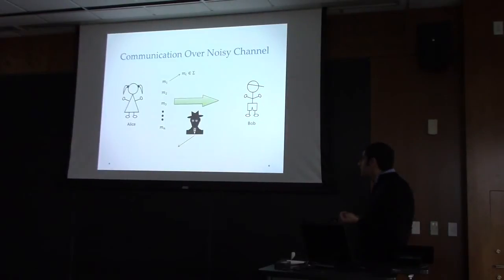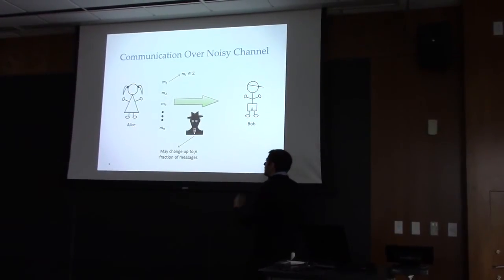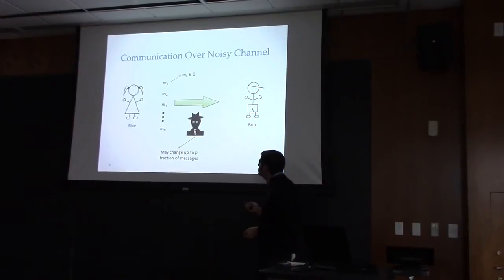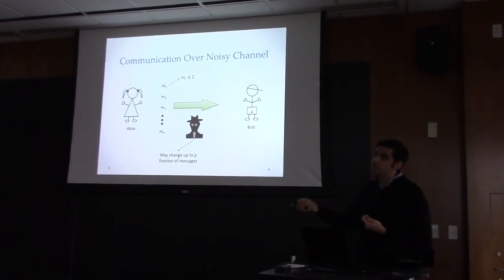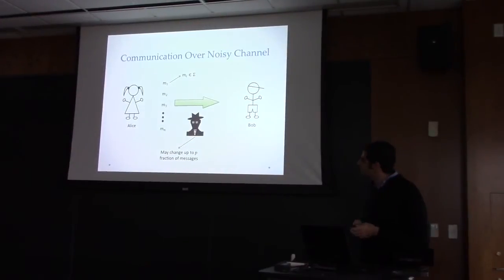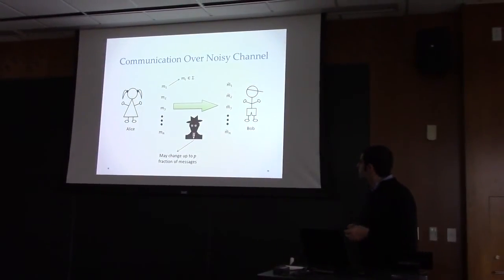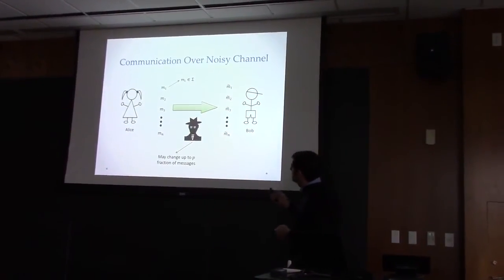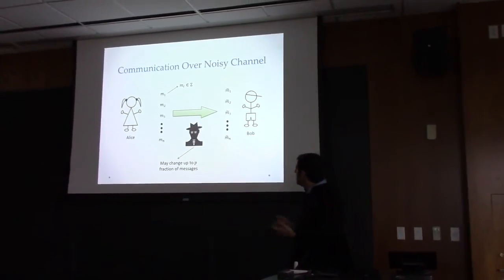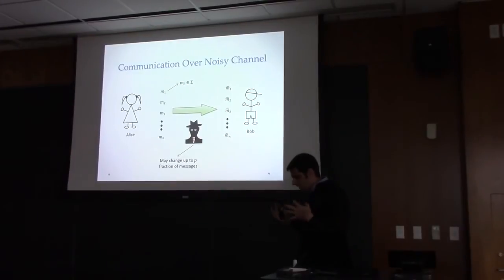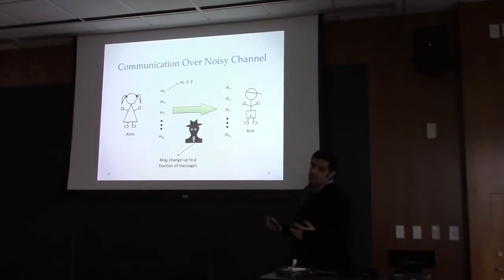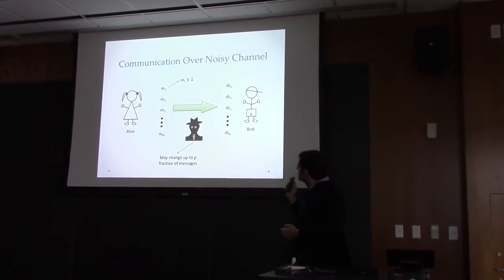In particular, we assume that this guy, who we refer to as adversary, can change up to p fraction of messages that are being sent through this channel. So what Bob receives is not exactly what Alice sends. Having such a setting, we are looking for solutions to convey as many bits of information as we can from Alice to Bob.